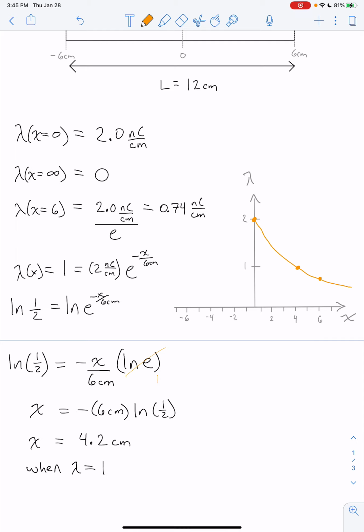It'd be kind of like this. And what we know from the equation is that this will happen the exact same way on the other side. So that's just on the positive side. It's just going to happen identically over on the negative side. So we were at negative 6, that's going to be negative 0.74, and then at 1, this is going to be like that. So it's going to hopefully look sort of symmetric.